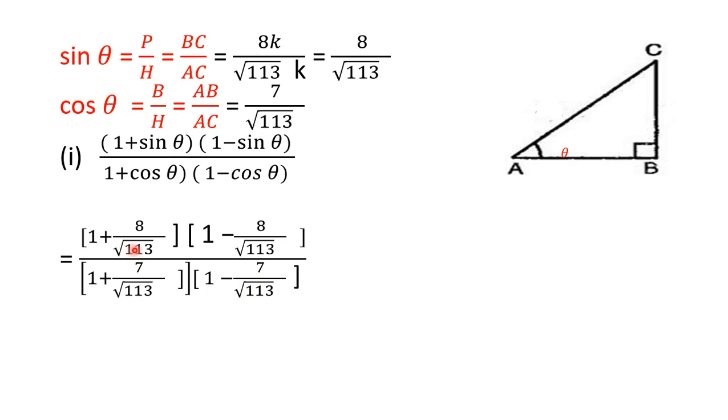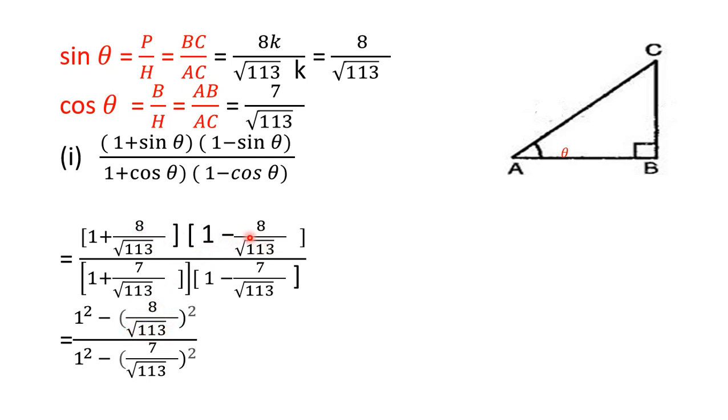In each bracket we have the same quantity, once with addition and once with a negative sign, so it becomes (a plus b)(a minus b). We can write the identity (a plus b)(a minus b) becomes a square minus b square.